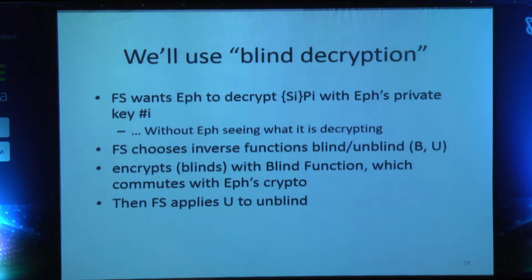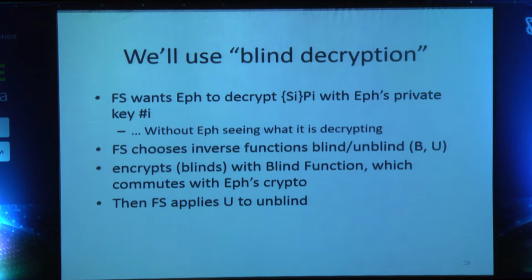Now, if you're into crypto, you've seen the concept of blind signatures, and this is basically the same sort of thing. Ordinarily, when you encrypt with one function and then you encrypt with a second function, you have to decrypt with the second function before you decrypt with the first function. Otherwise, you'll just get garbled stuff.